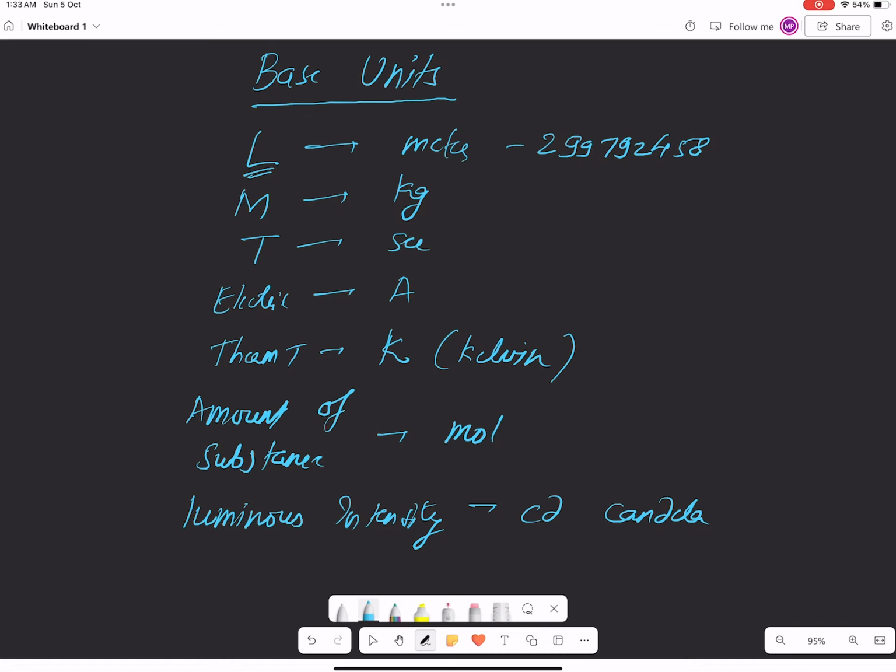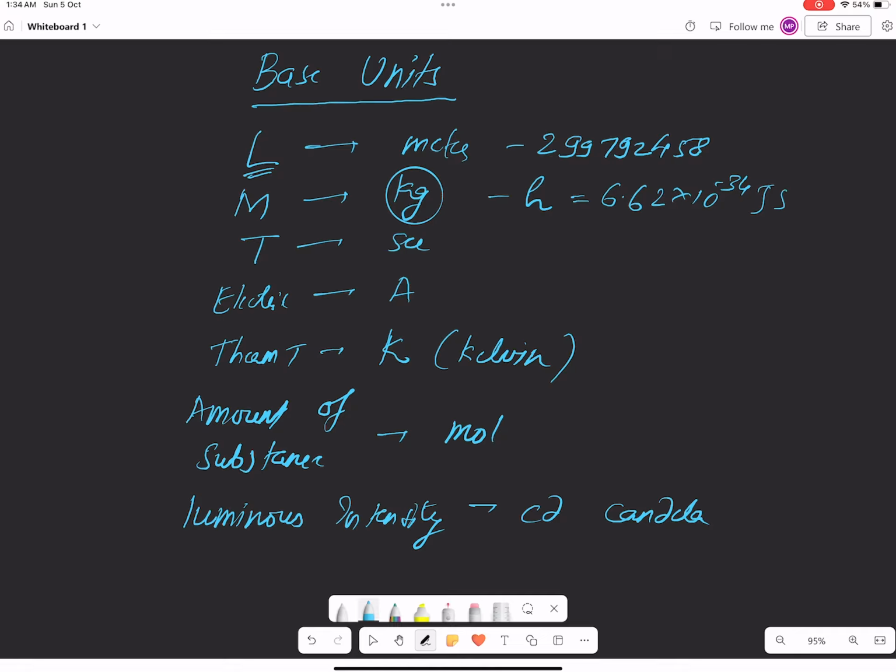Now the next is mass. So what is the definition? The kilogram, symbol kg, is defined by taking the fixed numerical value of Planck's constant h. The value of Planck's constant is 6.62 into 10 to the power minus 34 joule second.